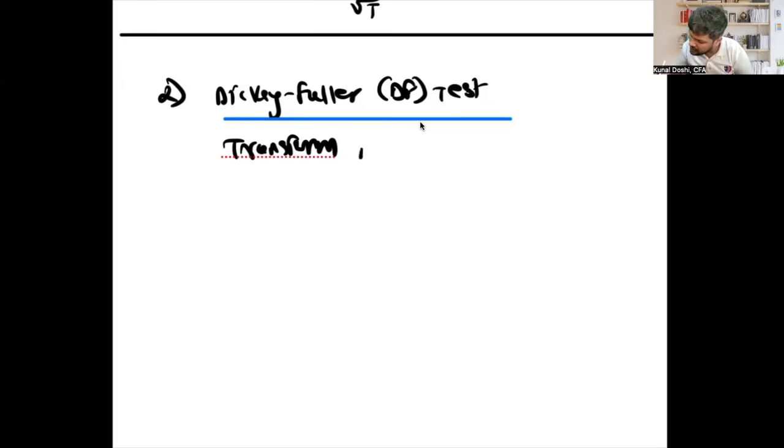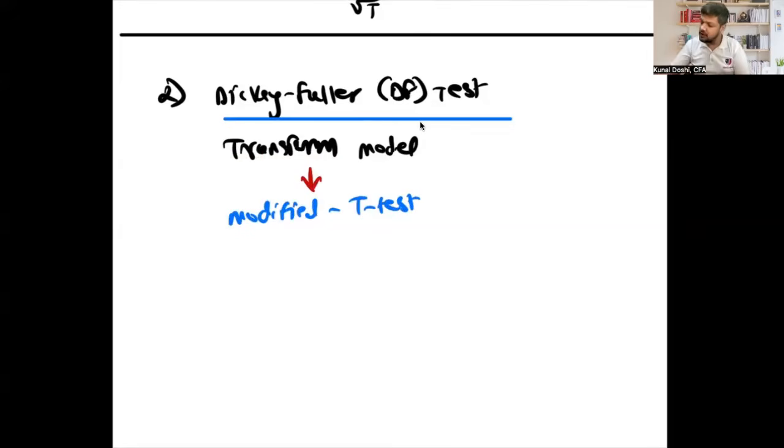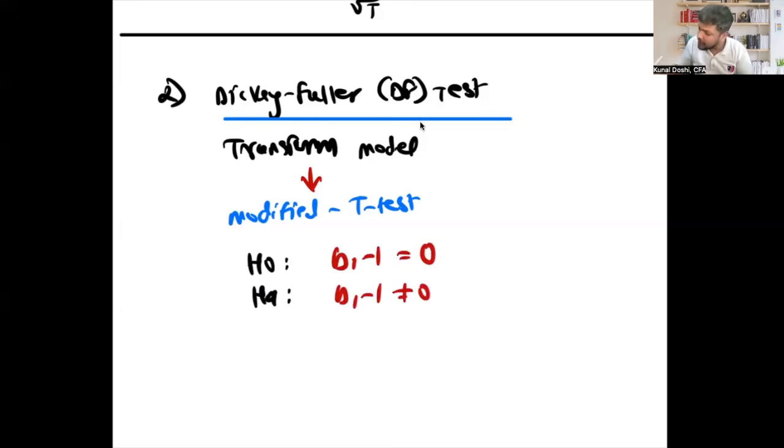So we transformed the model and we are going to conduct a modified t-test. Everyone in the class, we are going to do the modified t-test where the null and alternate will be b1 minus 1 is equal to 0 or not equal to 0.